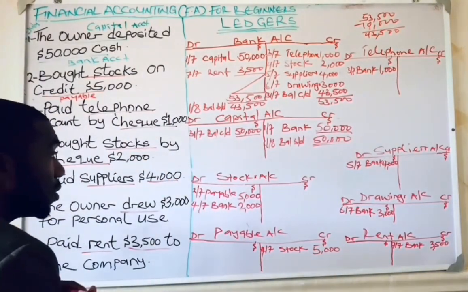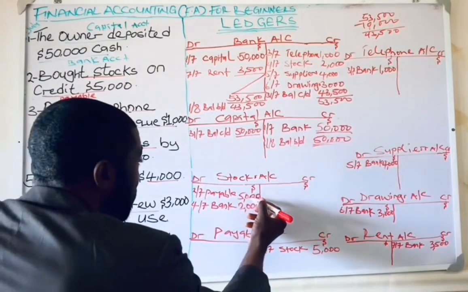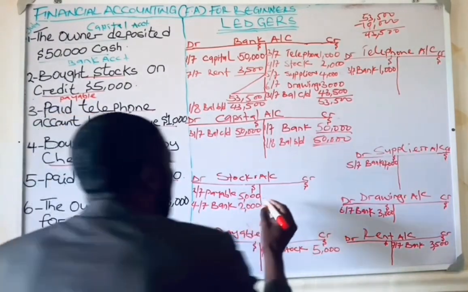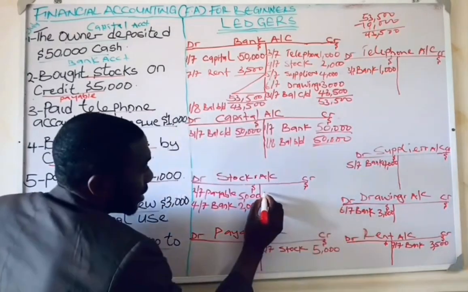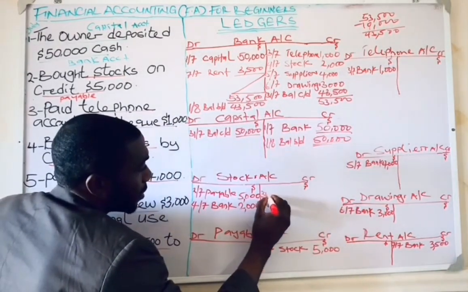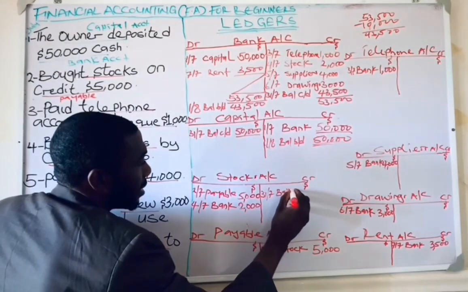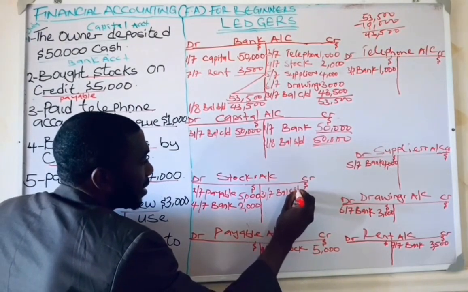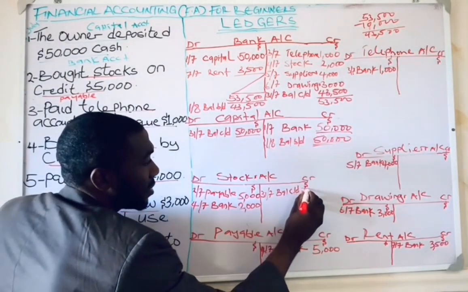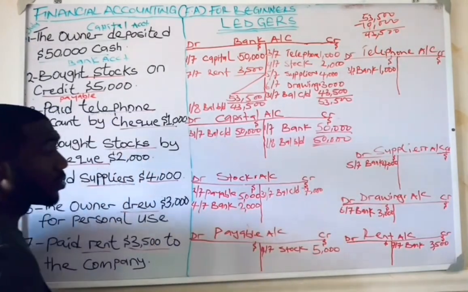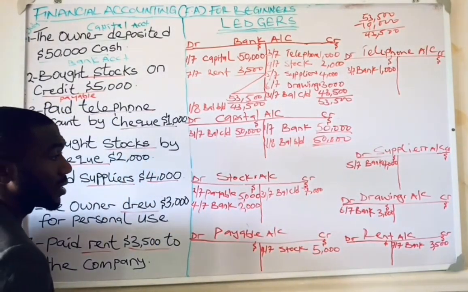Now, let's continue. Here we have $55,000 and $2,000. So, on the 31st of July, our balance CD is $7,000. You understand?